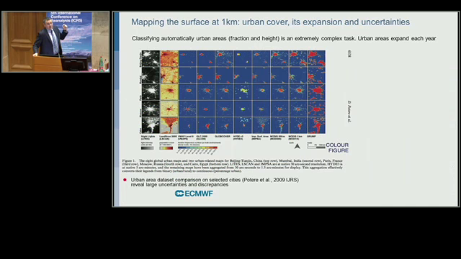And finally, another very, very important challenge is urban mapping. And this is an area that we really feel we have to engage a wide community, because if you look at an intercomparison of urban data sets, there is very large discrepancy. So we don't know where cities are in an automatic way or in a remote sensing way.